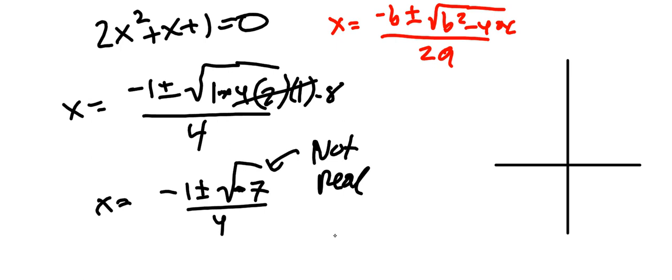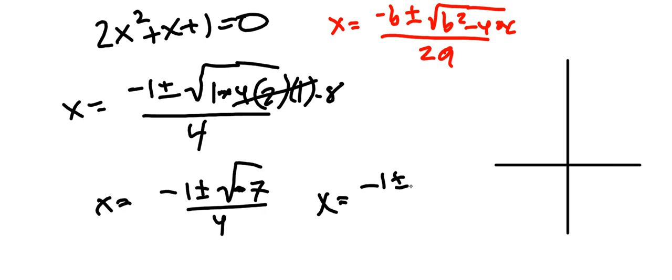However, if we extend our understanding to the complex plane, we can say that x is equal to negative 1 plus or minus i root 7 over 4. So those are going to be our two solutions, negative 1 plus i root 7 over 4 and negative 1 minus i root 7 over 4. Now, this i here is an imaginary unit.